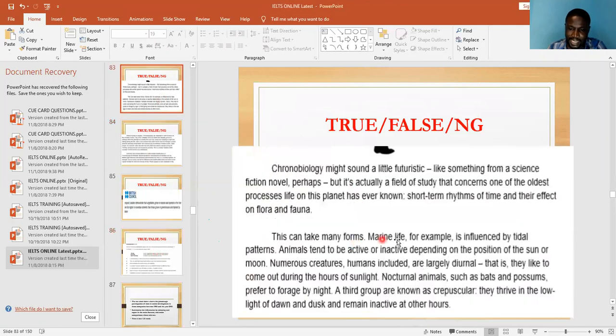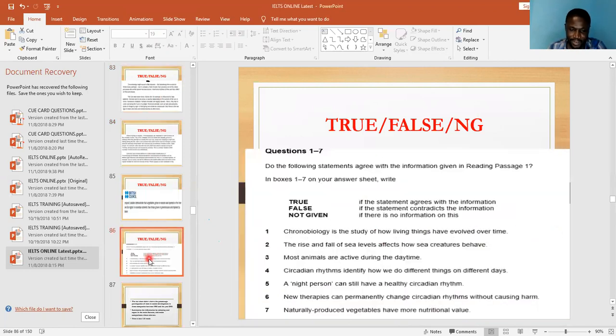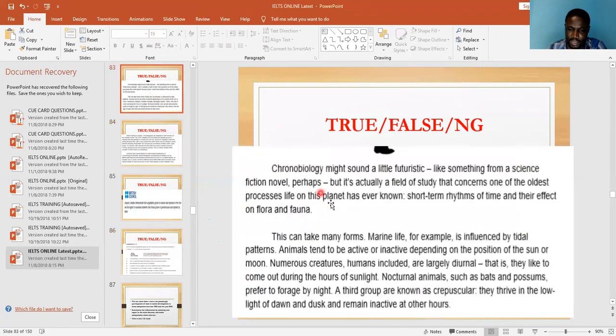Tidal pattern is the rise and fall of sea level. Marine life, for example, is influenced by tidal pattern. So that statement is true. It exists. The only thing is that they used synonyms to replace it.